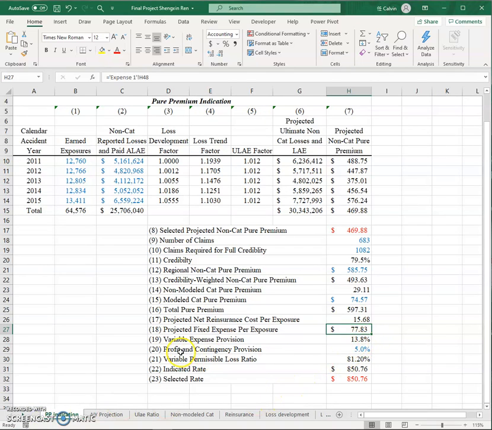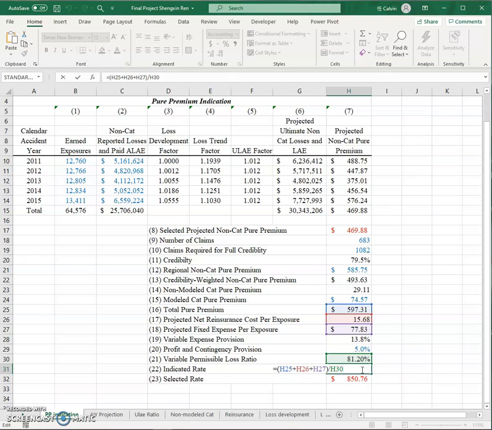13.8%, and profit and contingency provision is given 5.0%, and variable permissible loss ratio we can calculate it using one minus the cost ratio. We use 100% minus the variable expense provision minus the profit and contingency provision. We get the variable permissible loss ratio.